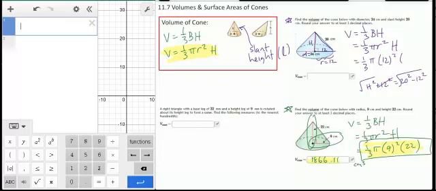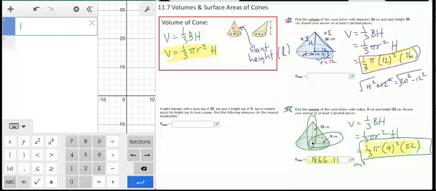Or you could try to build it from a common triple. So 20 is 4 times 5. 12 is 4 times 3. Therefore, the height is 4 times 4, right? It's a 3, 4, 5 common triple with a multiplier of 4. And so the height's going to be 16. That prevents you from having to do any calculating.